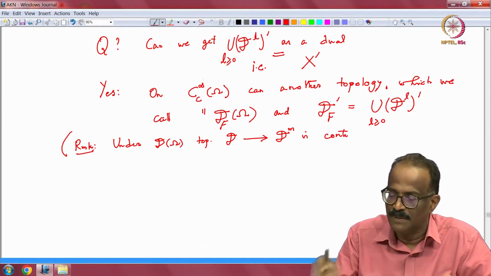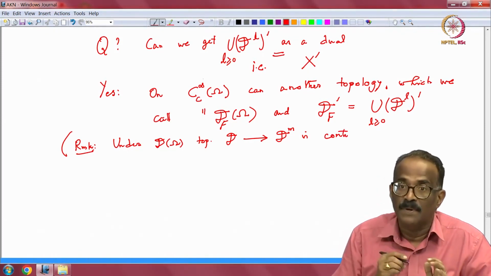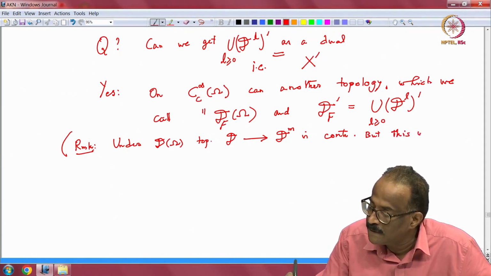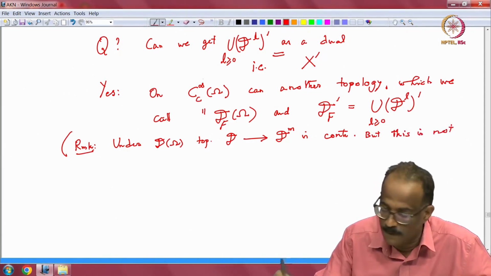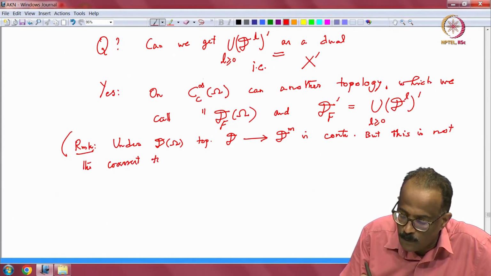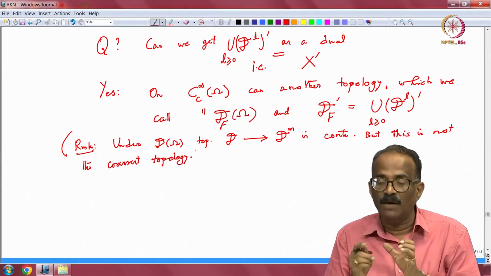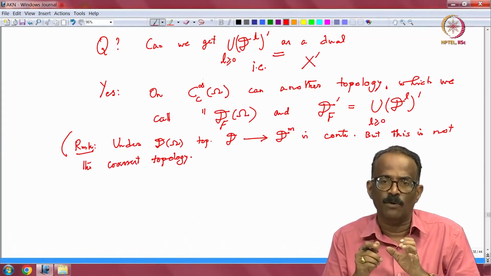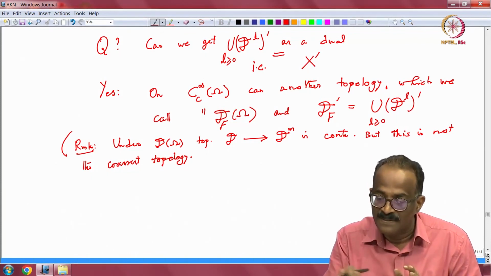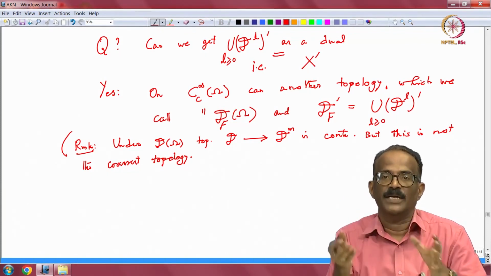All this we have seen, but this is not the coarsest topology. So, D_F of omega on C infinity of omega defines the coarsest topology for which these inclusions are continuous.